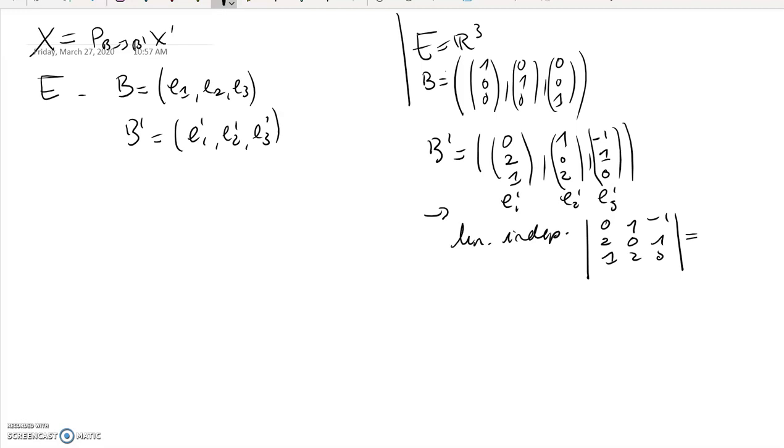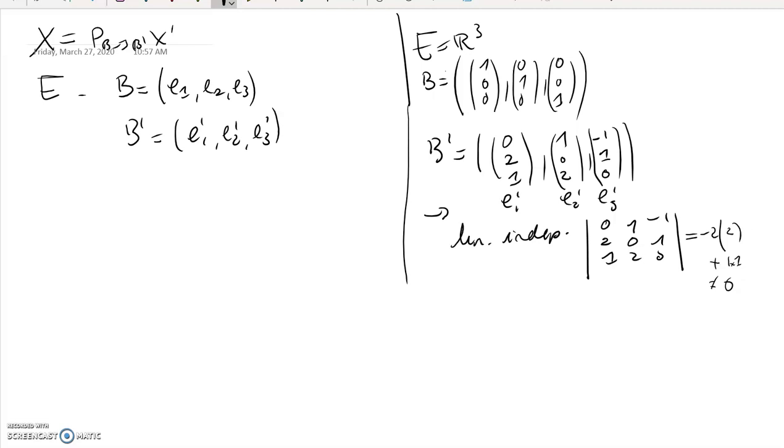So what do I have? Plus minus 2 times 1 times 0 plus 2, plus 1 times 1. That's different from 0. Fine, so I really have a good choice of basis here.